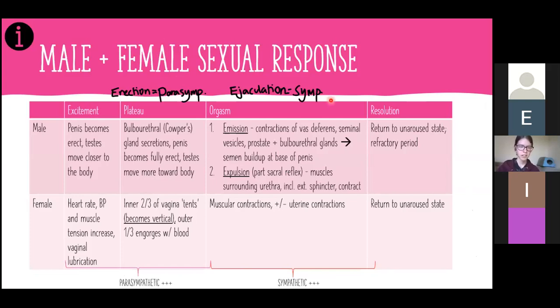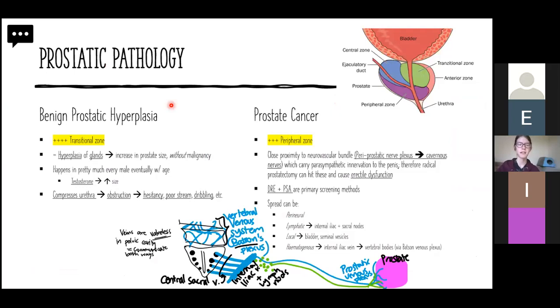Prostatic pathology, you've got benign prostatic hyperplasia and prostate cancer. So benign prostatic hyperplasia is more the transitional zone, which you can see here is really just around the urethra there. And you're much more likely to get urinary symptoms, so anything to do with blockage, so dribbling, needing to go twice, hesitancy, poor stream, etc., because it's compressing the urethra.